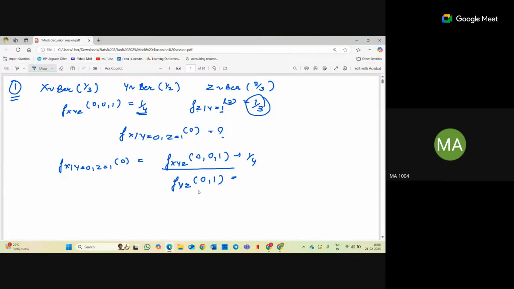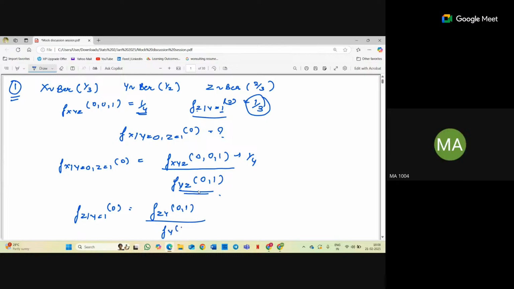Here it's different, ma'am. Yes, it's different. This is sort of a joint, so we'll have to break it down. We need this formula. So we will use this formula only. f(z given y equals 1) at 0 can be written as f(z, y) at (0, 1) divided by f(y) at 1.